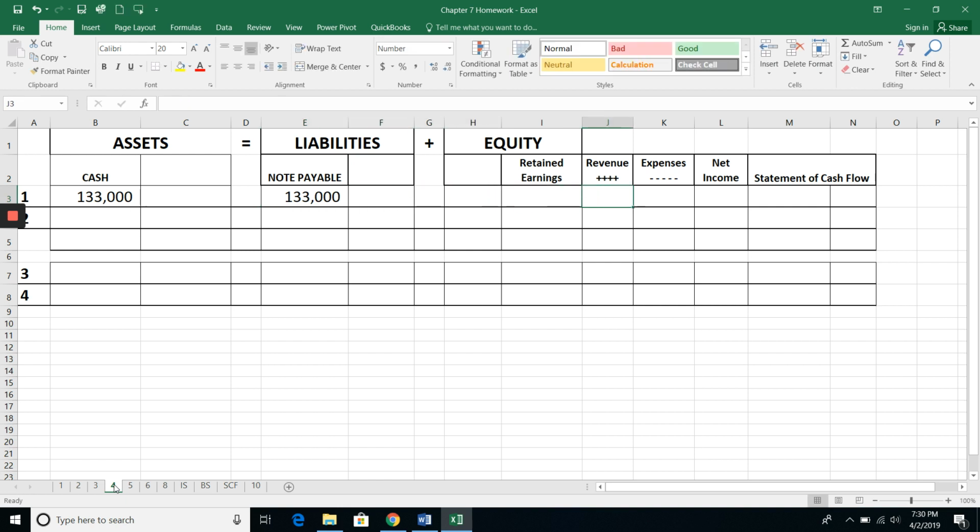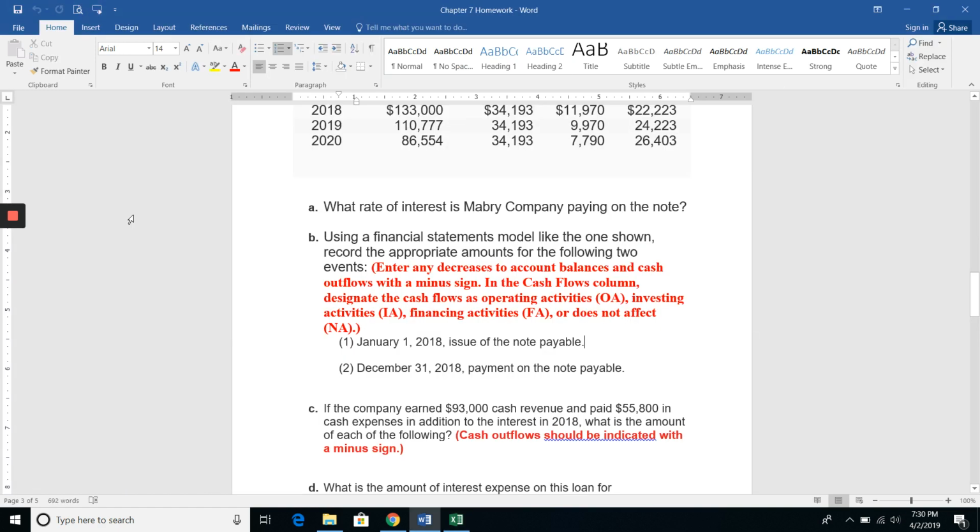No retained earnings impact, but we do have a statement of cash flow impact. Our cash is going up, just as it was here. And this was from a financing activity because we borrowed that money from a bank, most likely. December 31st, we made a payment on the note.